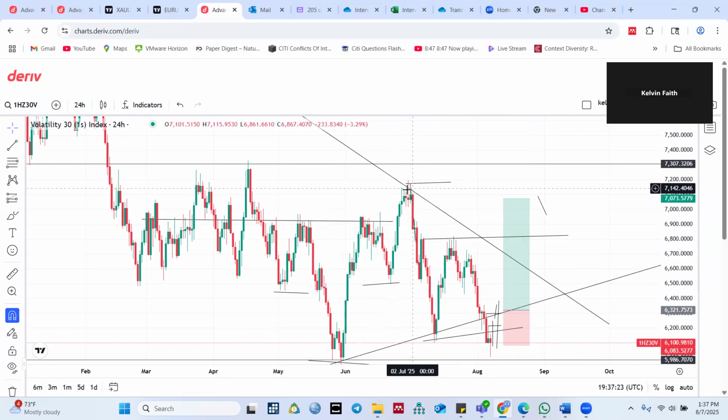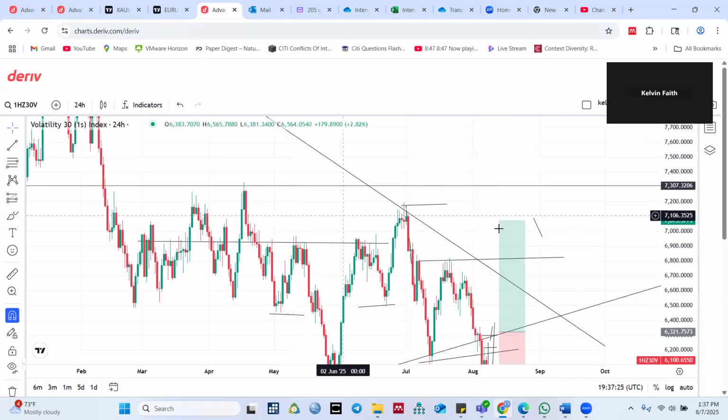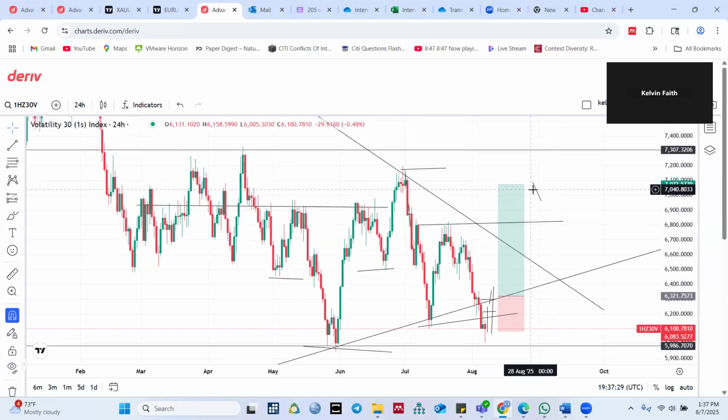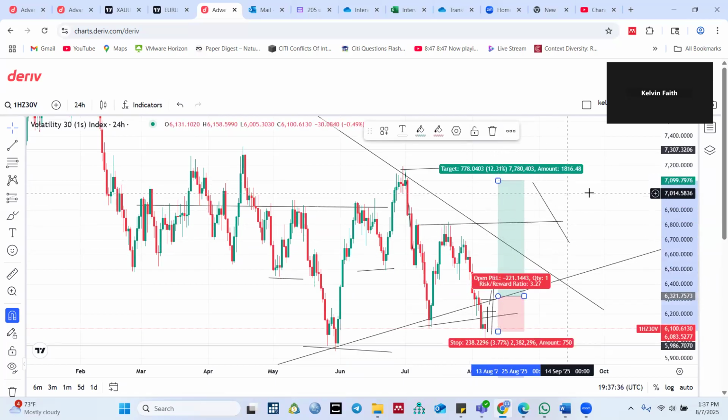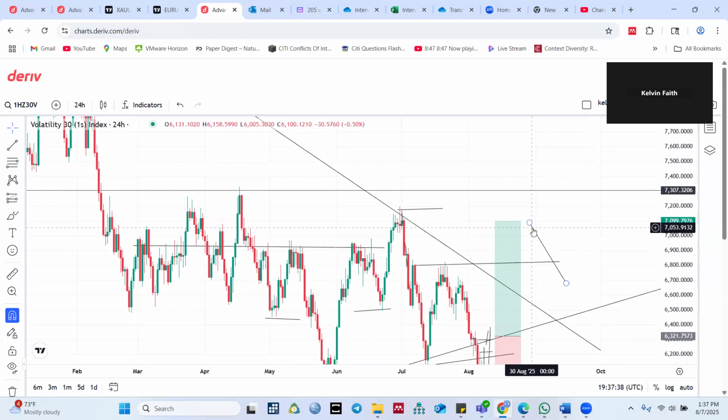And if it touches this area and this area, there will be a reaction. Whether that reaction will bring price down to this area, I don't know. But up around here, I can get out of this trade. My TP is set.